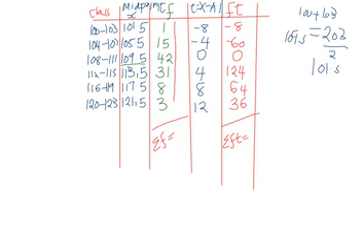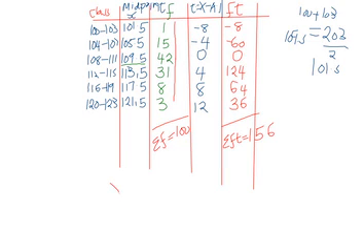So sigma f is 100. For sigma ft, we need to use a calculator to add negative 8 plus negative 60 plus 0 plus 124 plus 64 plus 36, and this gives us 156.